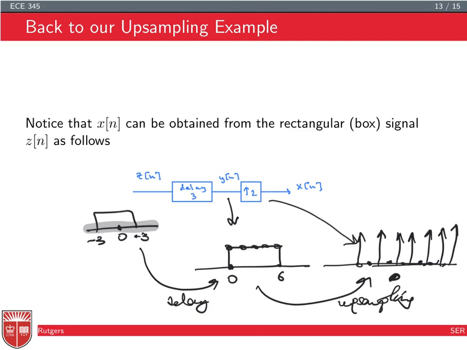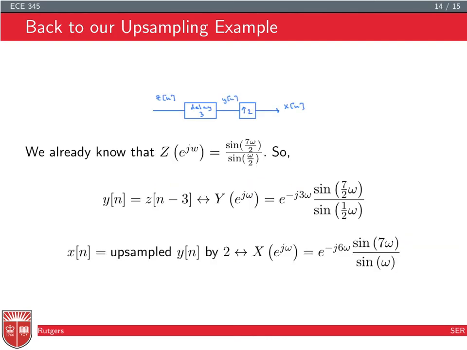And recall that since I'm upsampling, in the frequency domain I'm actually squeezing the spectrum of the signal. So the box has the following DTFT, which is sine 7 omega by 2 divided by sine omega by 2. Now when I shift it by 3, it's equivalent in the frequency domain to multiplying by e to the minus j 3 omega.